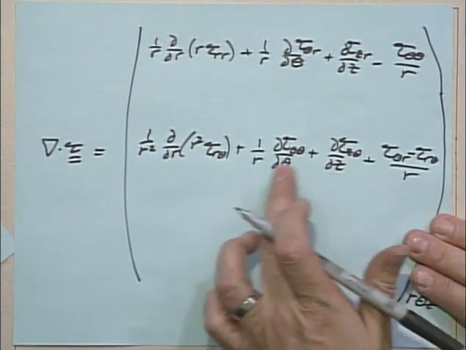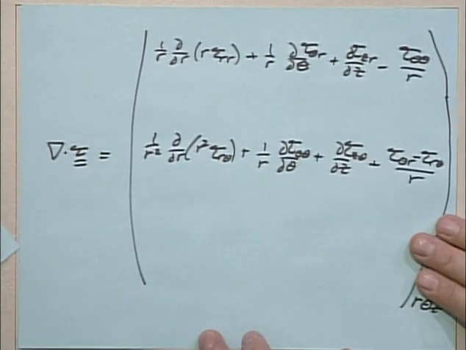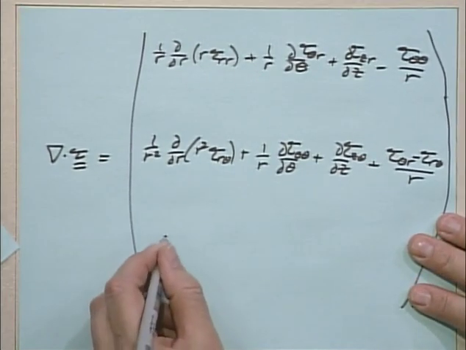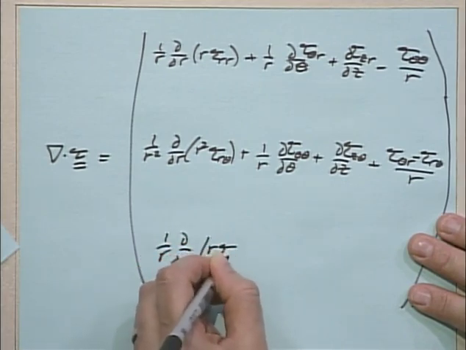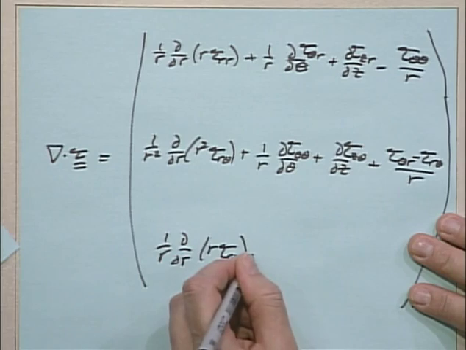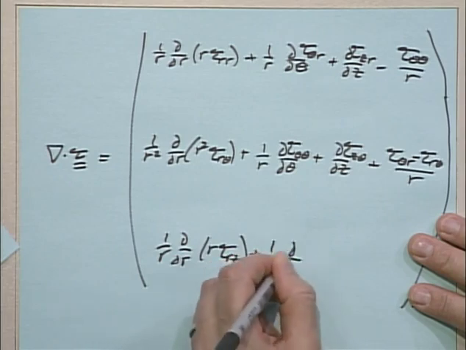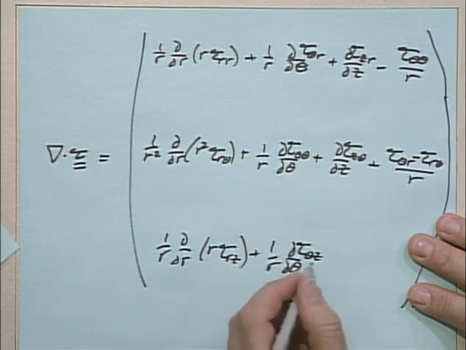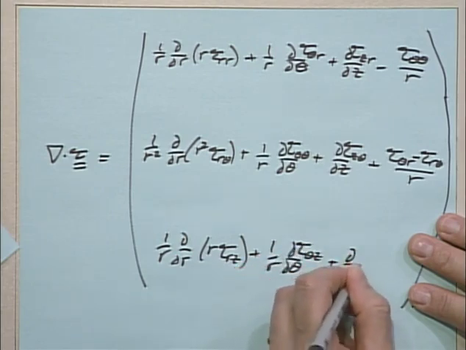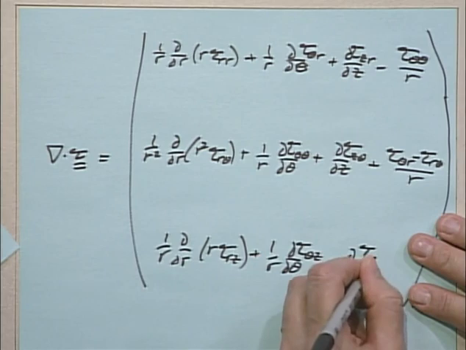So 1, 2, 3, 4 terms to the theta component. And then finally the z component, 1 over r d by dr of r tau rz plus 1 over r d by d theta of tau theta z plus d by dz of tau zz.